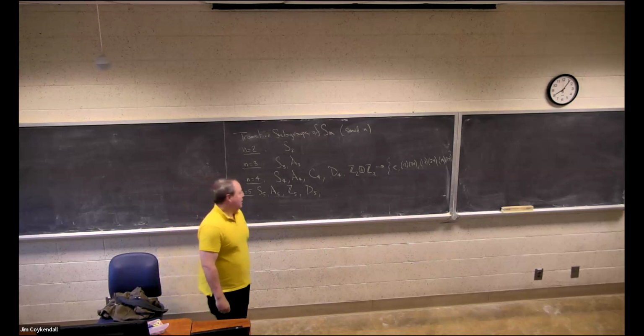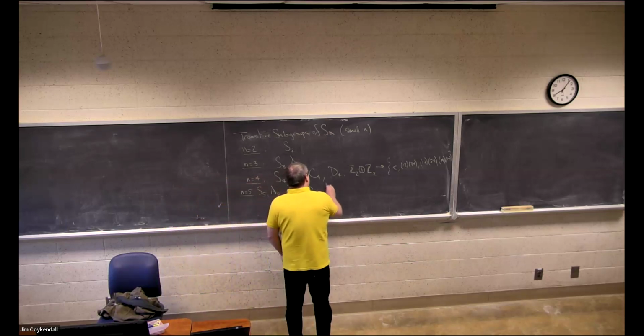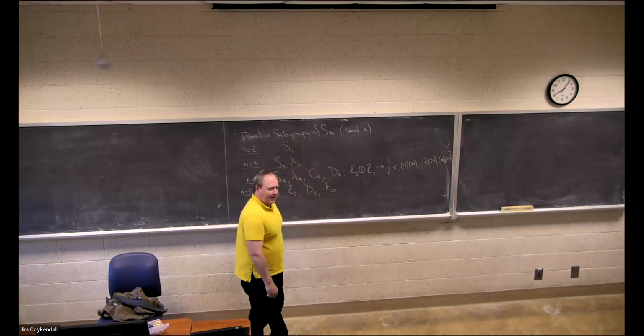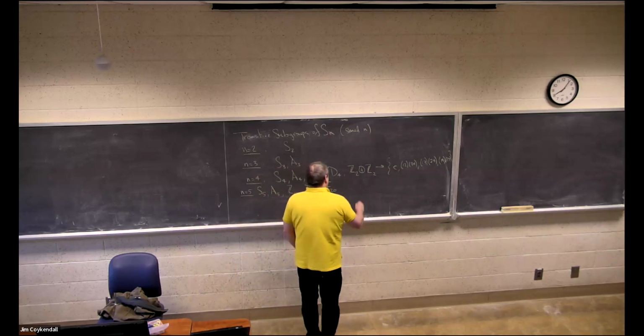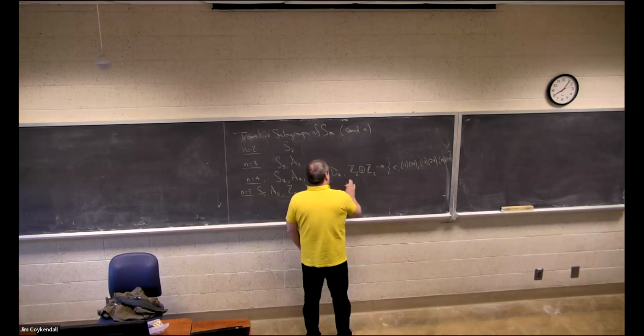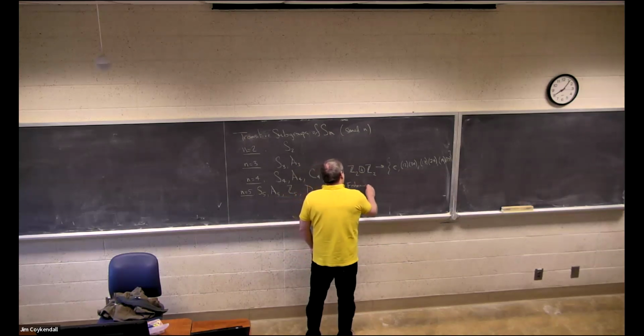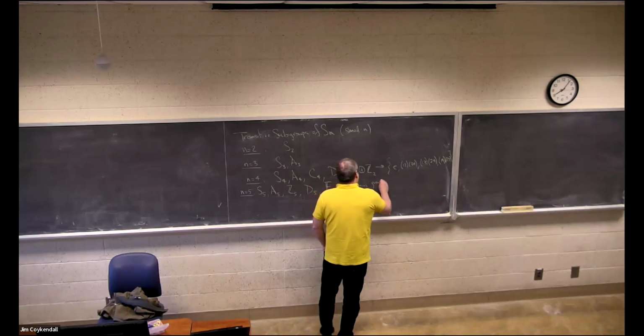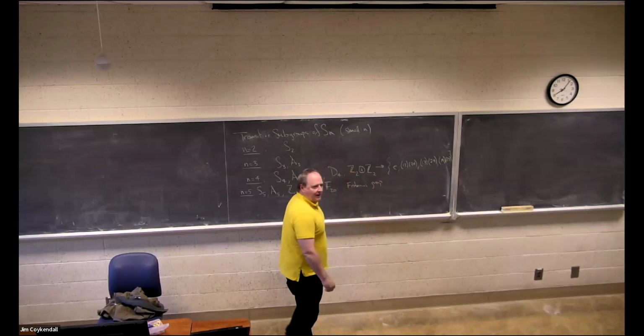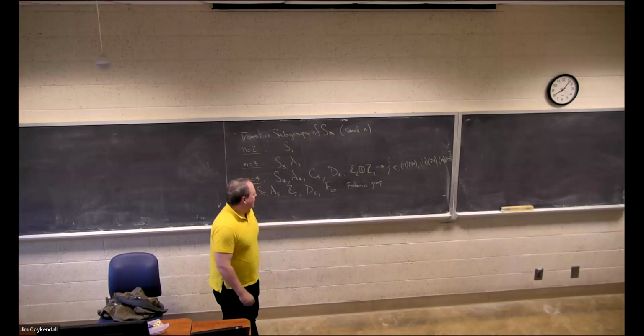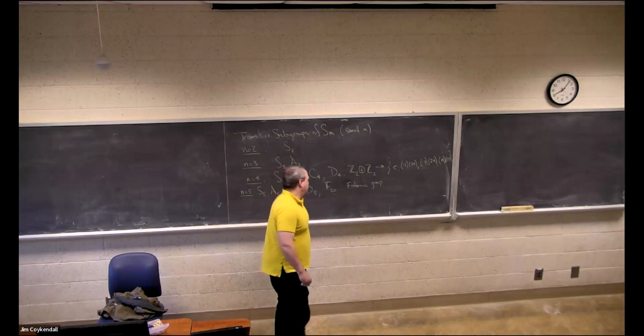There is one more. It's commonly called the Frobenius group, with 20 elements. It's generated by a 5-cycle and a 4-cycle, a particular 5-cycle and 4-cycle.